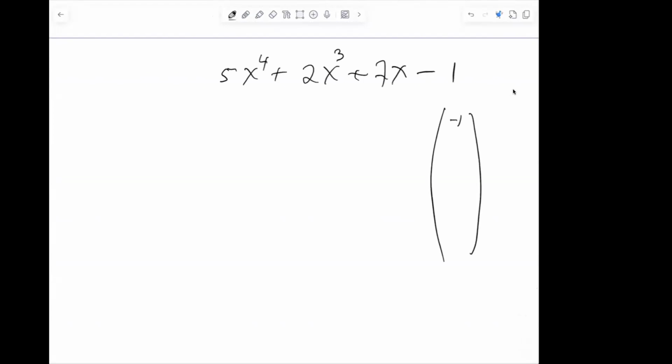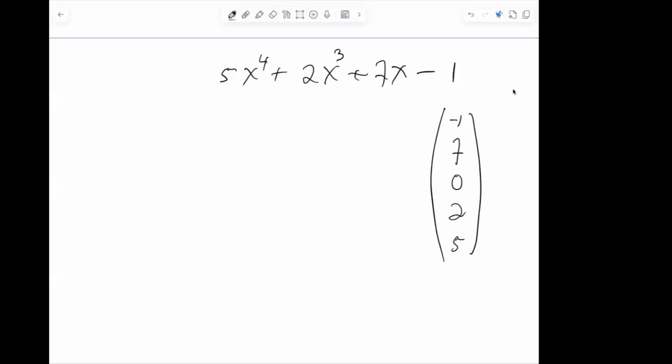Very good. Minus 1, because we have minus 1 times x to the power of 0. Then we have 7. Then we have 0 because we don't have x squared, right? Then we have 2, and then we have 5. Beautiful. What we'll do very soon is something beautiful.